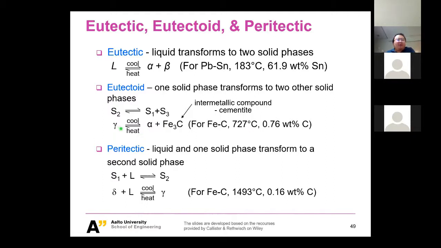So this example here is exactly what is happening. You will see that later. And the peritectic is something you don't experience too much, but you just need to know that it exists, and you will find a few examples in your phase diagram if you pay a little bit of attention. Okay.